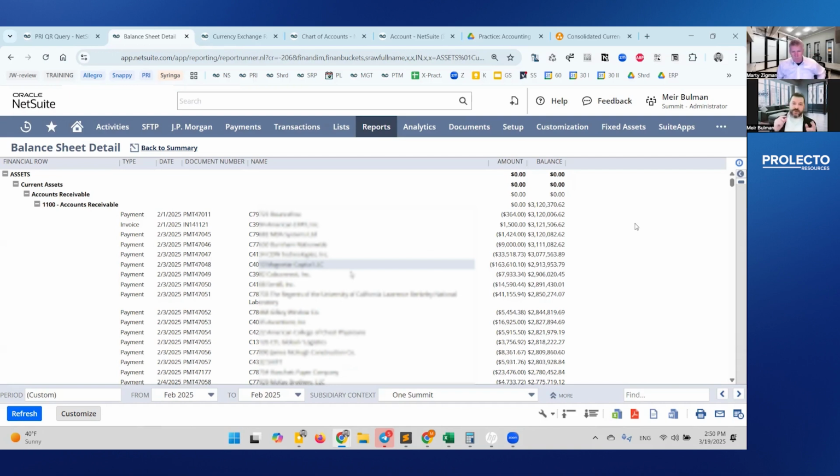And I create rows that show the movement in consolidated currency based on what I know NetSuite is doing in the background each month to translate the source currency into a consolidated currency. So I produce these sort of artificial rows. They're artificial in the sense that NetSuite's doing it in its reporting engine, but it's not actually posting to the ledger.